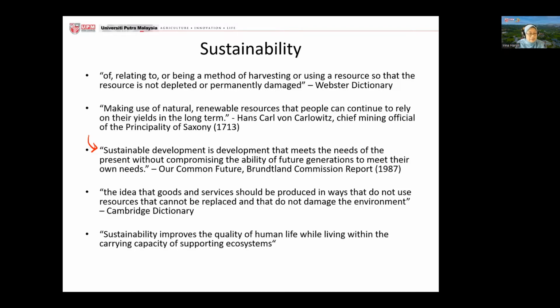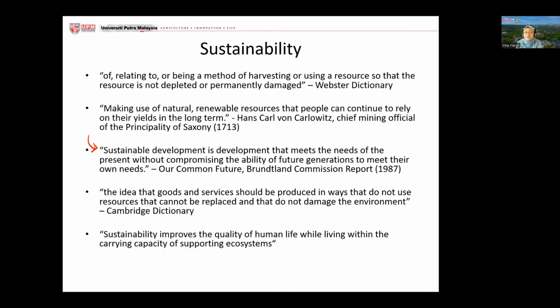However, whatever that you do now, it must be in such a way that is not detrimental to the future generation. You need to leave the earth hospitable for your children and their children and their children. Okay, this is what we're talking about when we talk about sustainability.